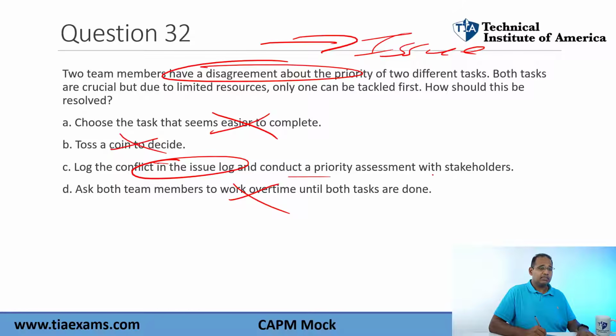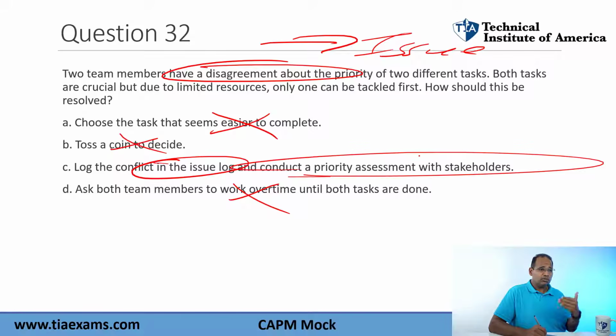Prioritize it in the issue log and then work with the team members to see what's the best solution for it. So the main point of this question is the moment there is a problem, a particular issue on a project, what's the first thing the PM does? Well, add it to the issue log. That's the first thing you're going to be doing. Keep that in mind.